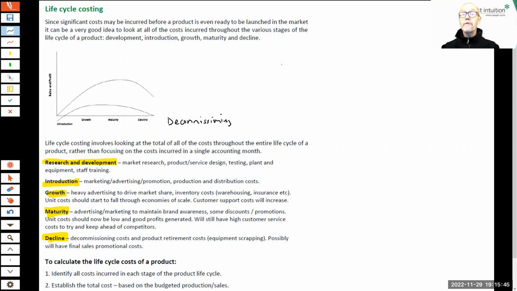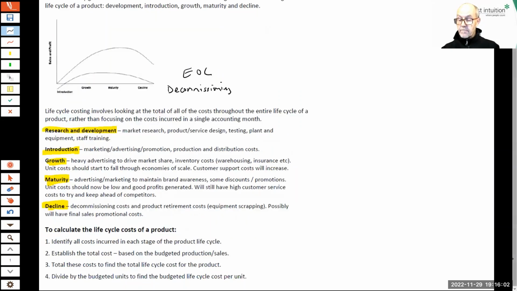Mining, any mining activity often can involve significant end of life costs. And life cycle costing tries to look at all of the costs at each stage of the product life.